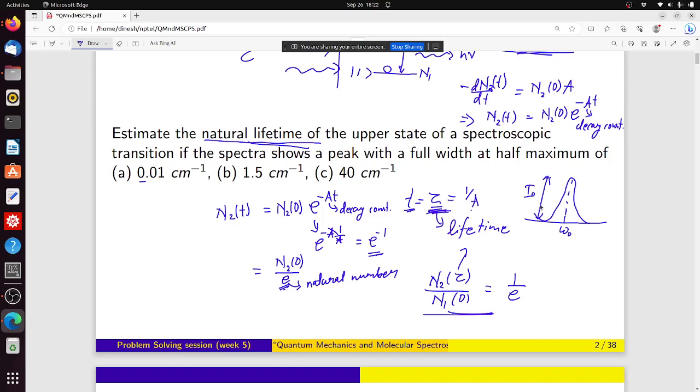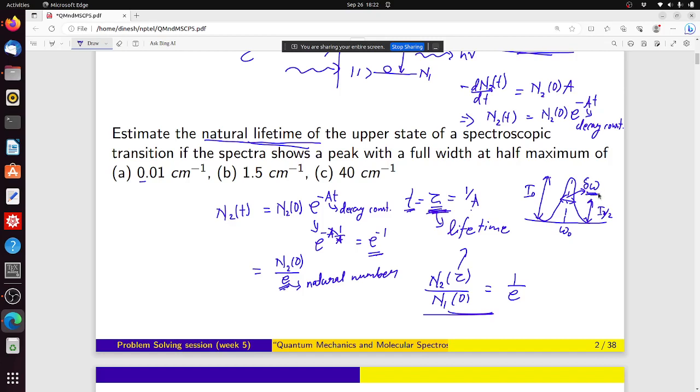Its amplitude is I0, and at half intensity I0 over 2, we define the width as delta omega.